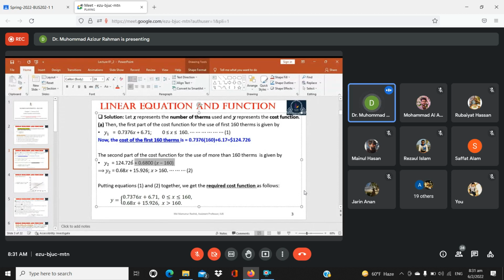That will be your total cost function. Is this clear? Yes, sir.